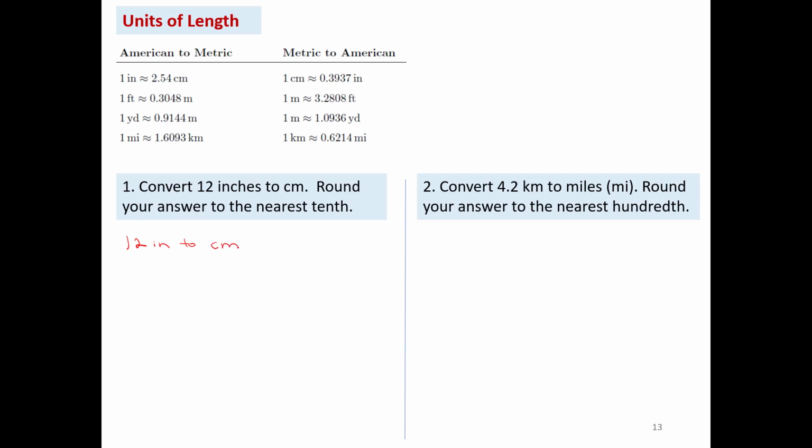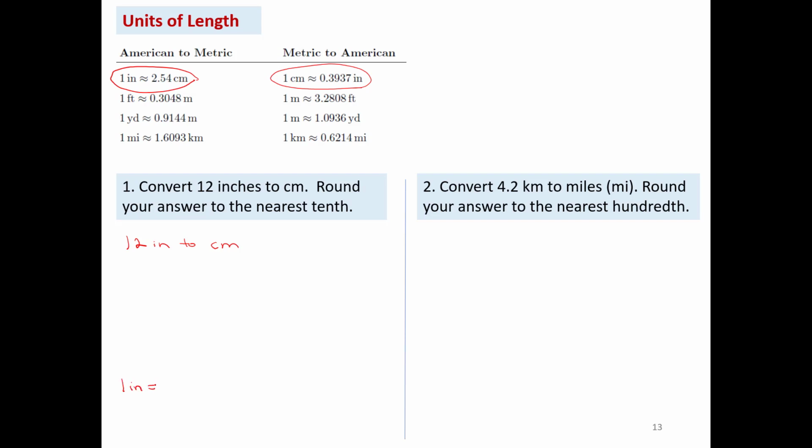Let's write here the conversion factor we need to apply. We can use either this one or this one. Either one works, and let's use this one.